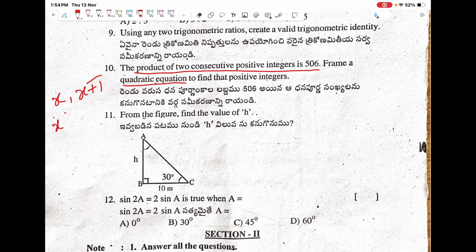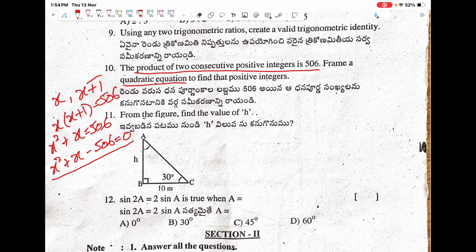So product, in the sense of multiplication, x into x plus 1 equals 506. So x square plus x equals 506, so x square plus x minus 506 equals 0. This is the quadratic equation. What they are asking you to find is just a quadratic equation. Don't find the roots and waste your time.